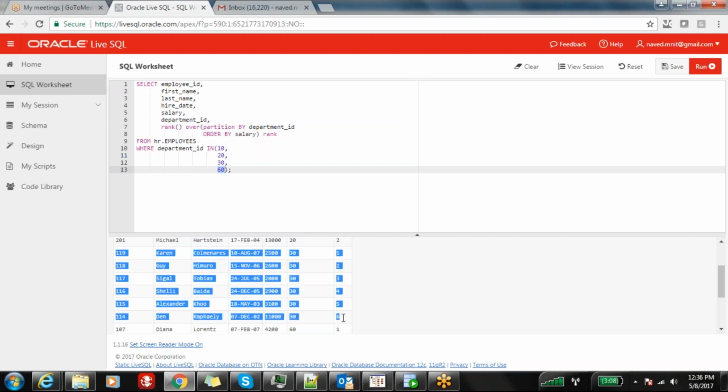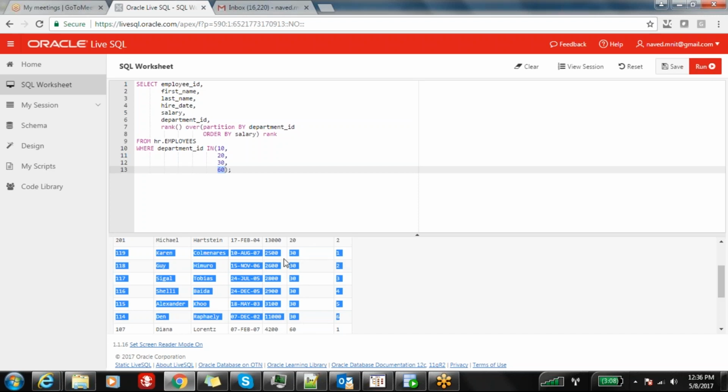Let's talk about the next partition, which has department number 30. It has 6 rows in this partition. First it is going to sort these 6 rows on the basis of salary, and then it is going to assign the ranks. The first row will get the first rank, this row will get the second rank.